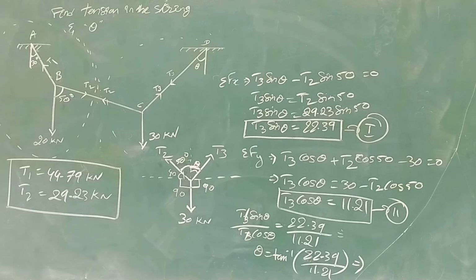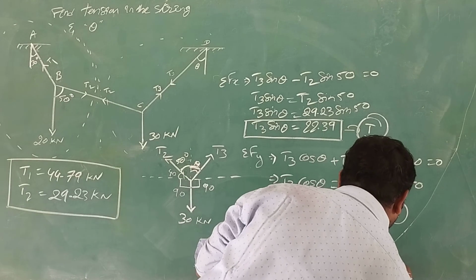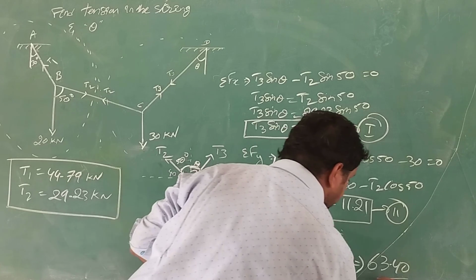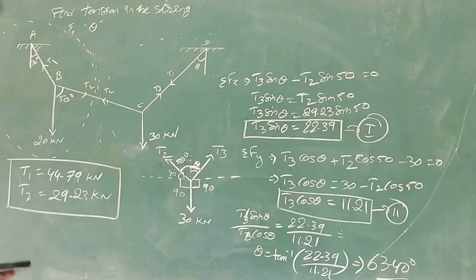How much you got? 63.40. So my theta is 63.40.